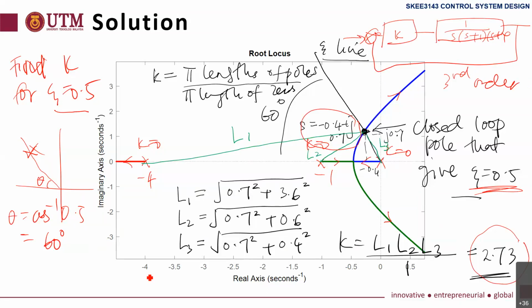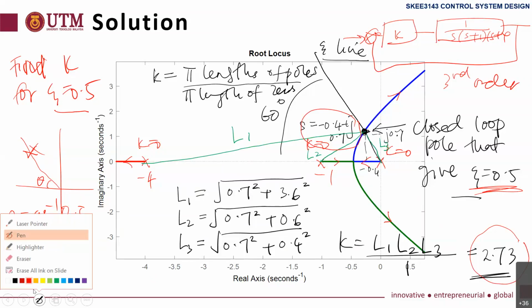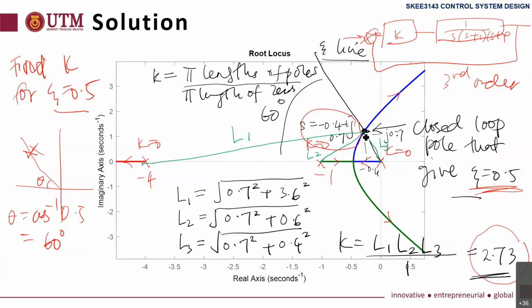We have one here. We have one here. Actually, we have another one here. Same K, K is 2.73 here. It will be S equal to the closed loop pole.